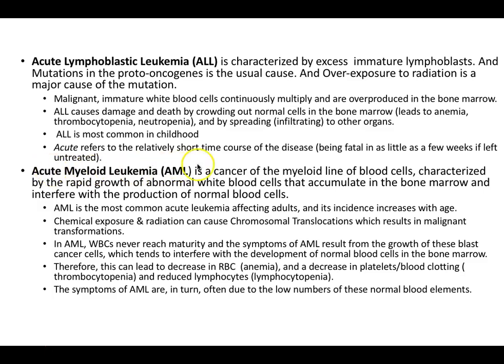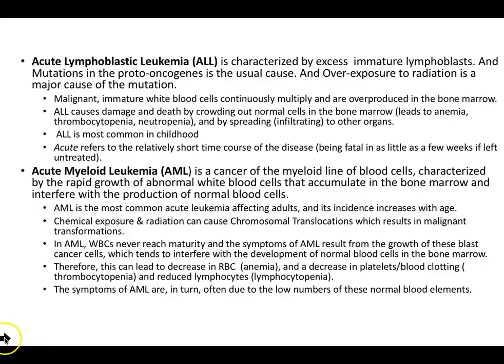So acute myeloid leukemia, again, is going to be sudden. It's going to be the myeloid line of cells, and it's going to be blasts. So they're immature blast cells. The thing about acute myeloid leukemia to keep in mind and to know is that it's caused by a chromosomal translocation.